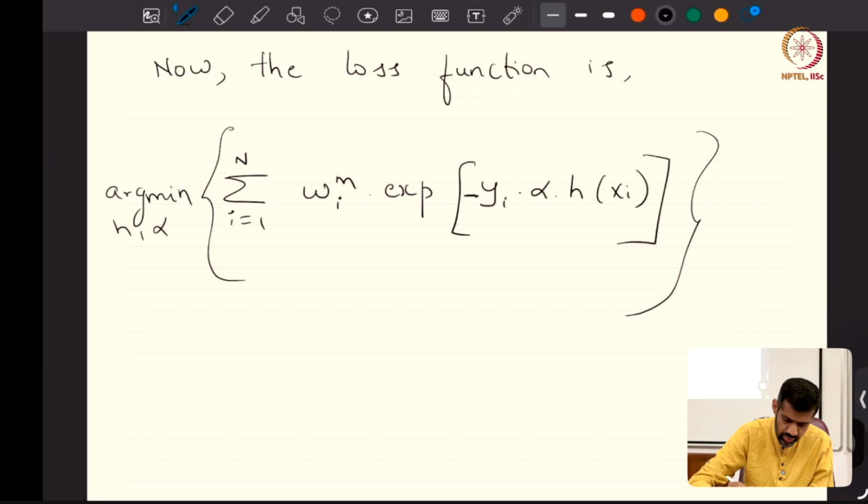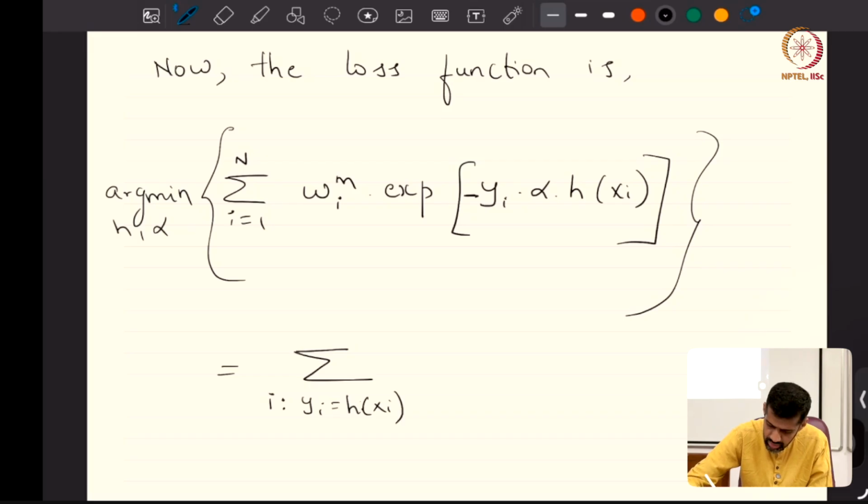Now, here what we can do is as follows, right? So, I can split this sum into two. One, all i's such that yi is equal to h of xi, and all those indices where there is a misclassification, okay?